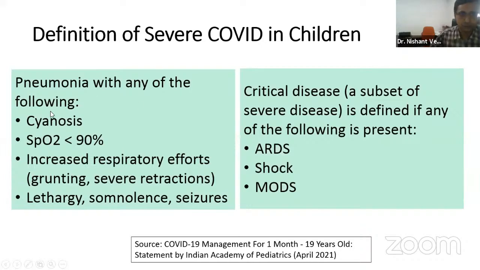Some of these children will go on to develop critical disease. Critical disease is a subset of severe disease where, in addition to these, a child would also have either ARDS or shock or multi-organ dysfunction syndrome. This is the definition given by the Indian Academy of Pediatrics and is the one most widely followed.